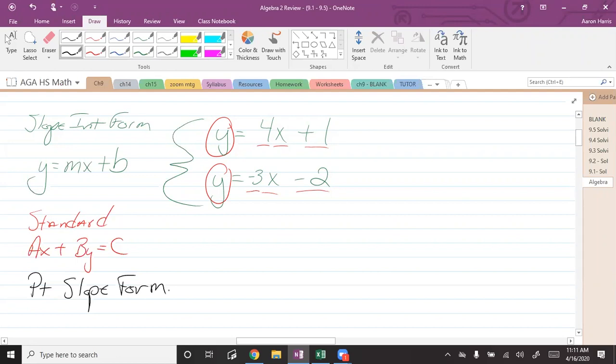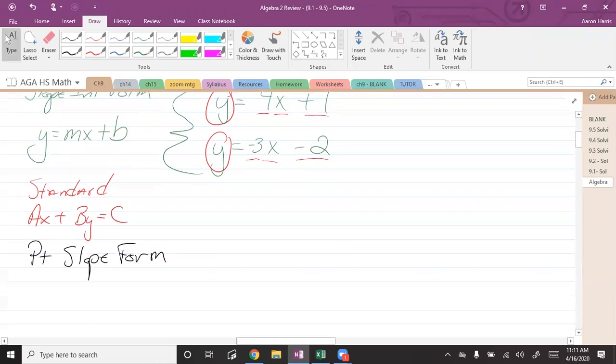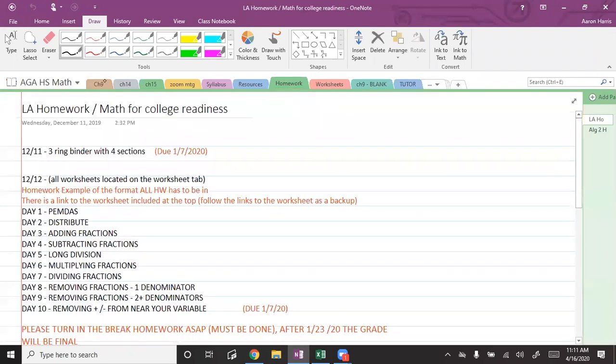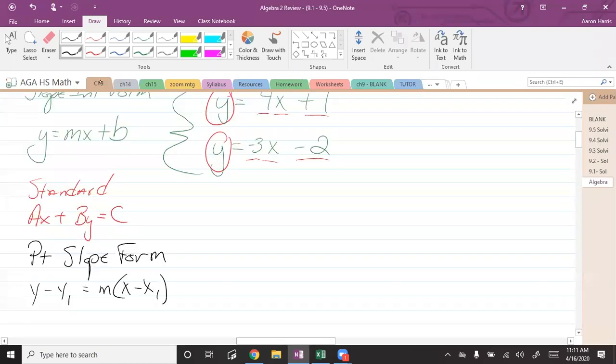Anybody know? It's y minus y1 equals m times the quantity x minus x1.